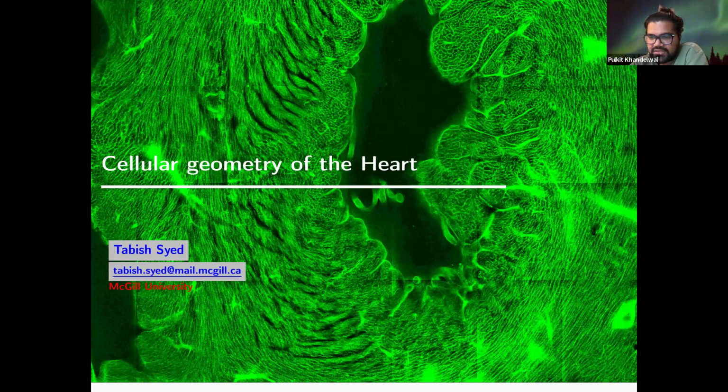He also did his PhD at McGill in the Department of Computer Science, where he worked with Kaleem Siddiqui on the reconstruction of biological tissue geometry from 3D microscopic images. His research interests include applied mathematical methods for computer vision, image reconstruction, and image representation. Tabish, you can take it away.